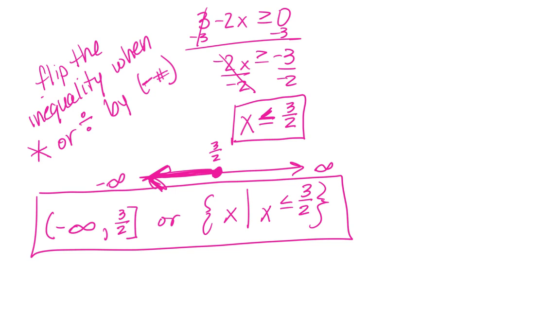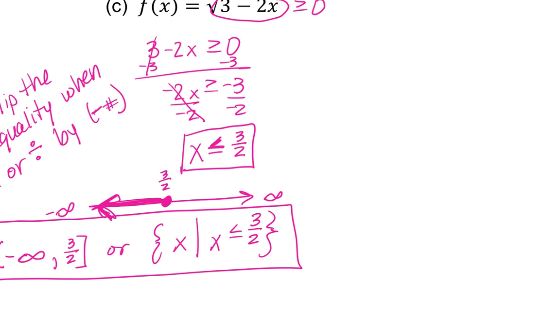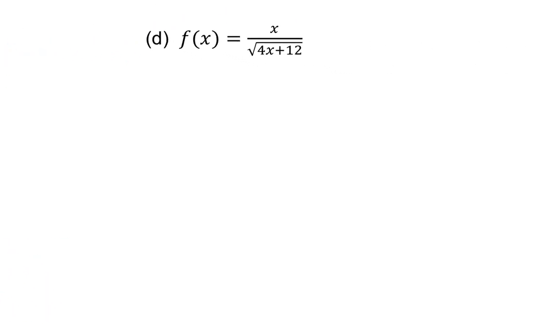All right, last example on this one. So now we have a fraction and a radical. Okay, so not only can your 4x plus 2 not be a negative number, but when I take the square root of it, it cannot be 0.